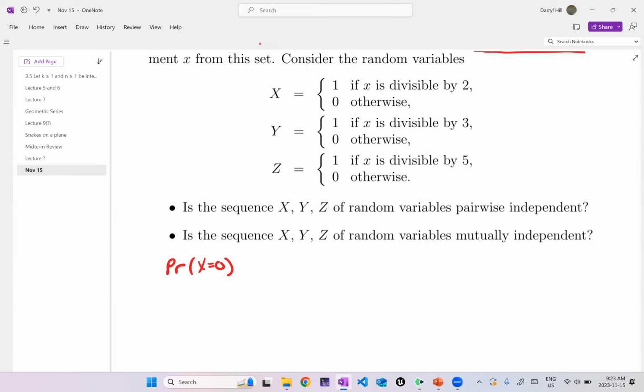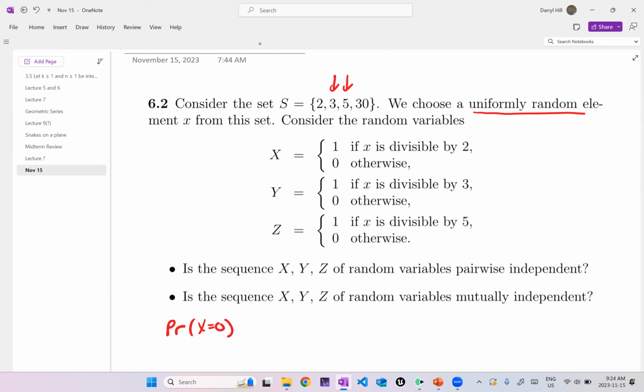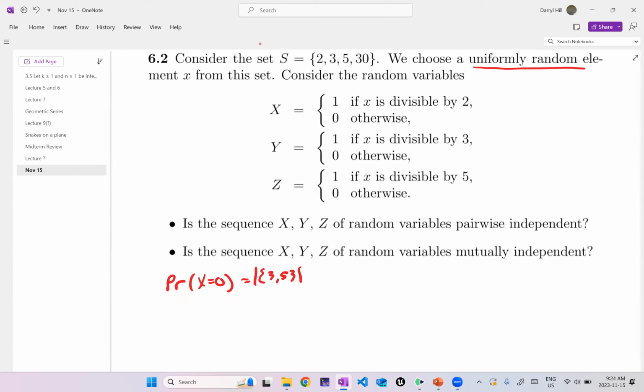So the probability X equals 0 is the probability that the value selected from S is not divisible by 2, and that is only possible if it's a 3 or a 5. So this is the size of {3, 5}, which is 2, over the size of the sample space S, which is 4, or 1/2.